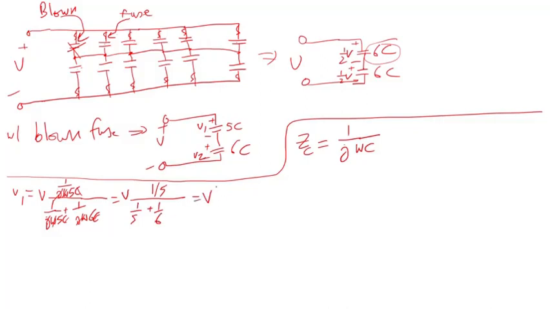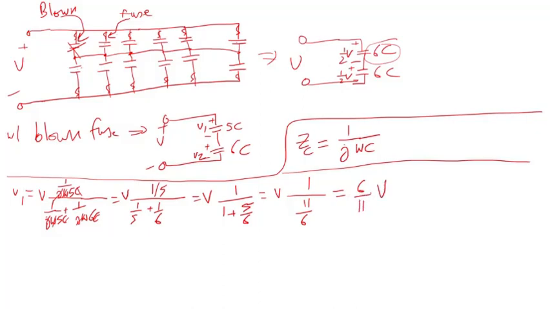Now I multiply top and bottom by 5, so I get 1 divided by 1 plus 5/6, which is 1 divided by 11/6. In other words, V1 is equal to 6/11 times V.